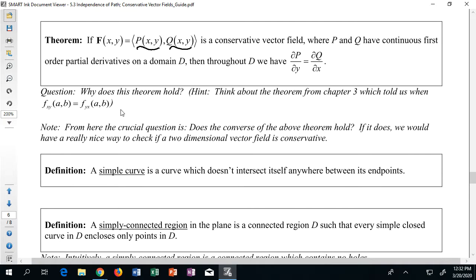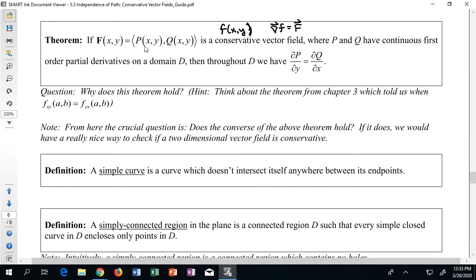The one question that I have here is why in the world would this actually be true? And I can actually see why it might be true. Remember that if I have a conservative vector field, that means that there's a function f of maybe say x, y where the gradient of this is equal to my big capital F. So the big capital F is almost like the first derivative, if you will, of this original f of x, y.